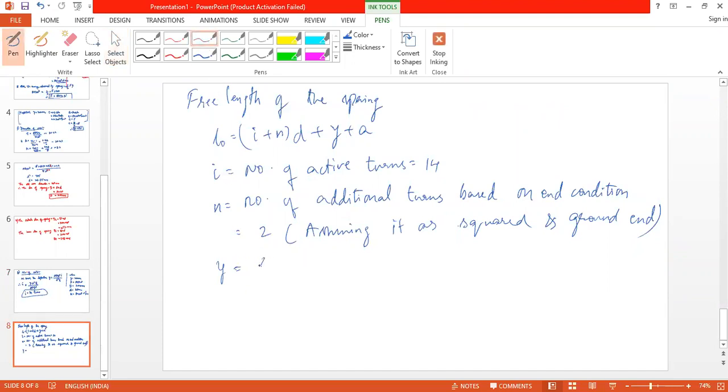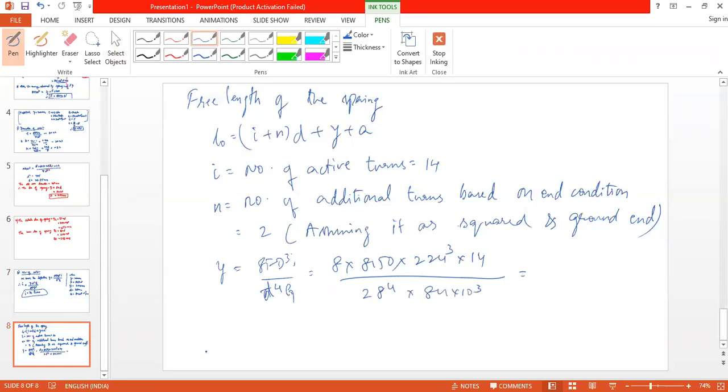Okay, we know that y is equal to 8 f D cube I by d to the power of 4 g. If you substitute here, 8 into f is 8150 and capital D is 224 cube into I is 14, divided by 28 to the power of 4 into 84 into 10 power 3. If you calculate, you will get the maximum deflection.